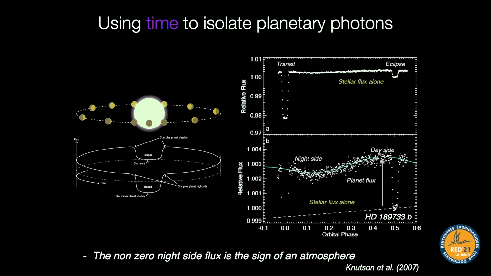So again, thanks to the fact that we know when the planet is in front of or behind the star, or at which phase it is, we can measure the luminosity of the night side on the left, of the day side near the eclipse, and we know exactly what is the distribution of the flux from the planet.